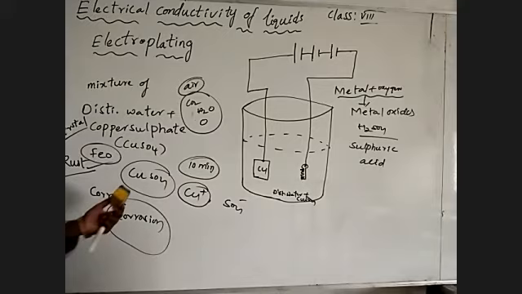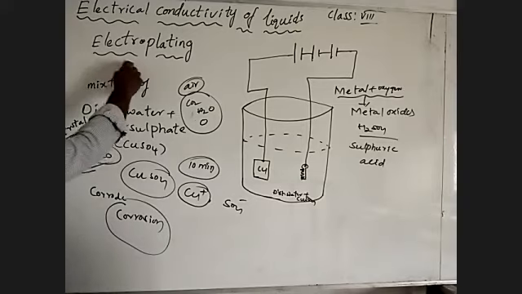Understand? Similarly, we observe electroplating in different places and different situations. We have to observe carefully how it is forming. Two types of materials are there to do the electroplating method.